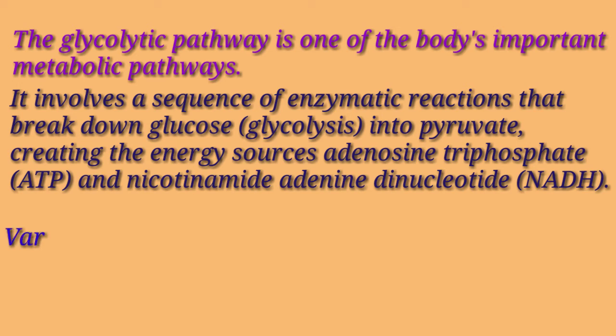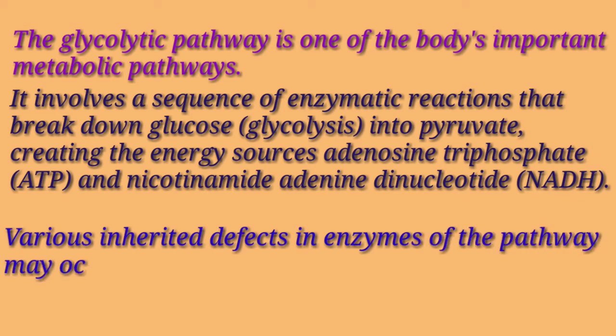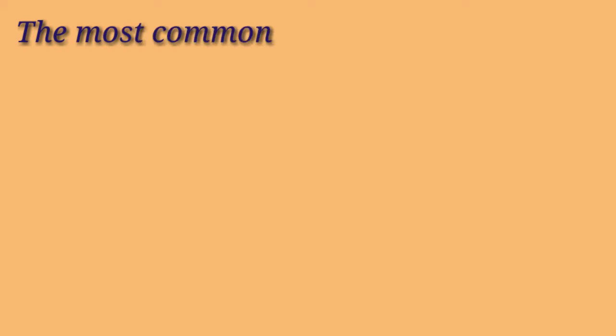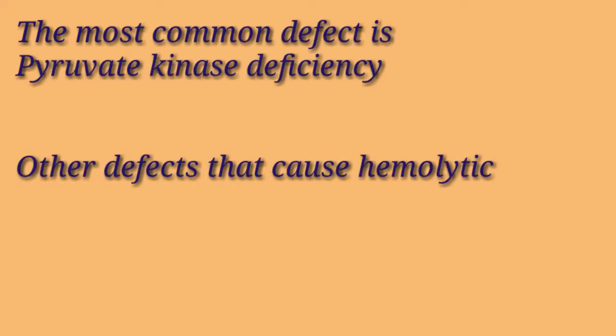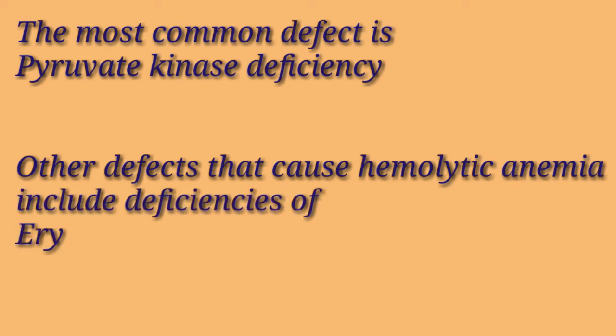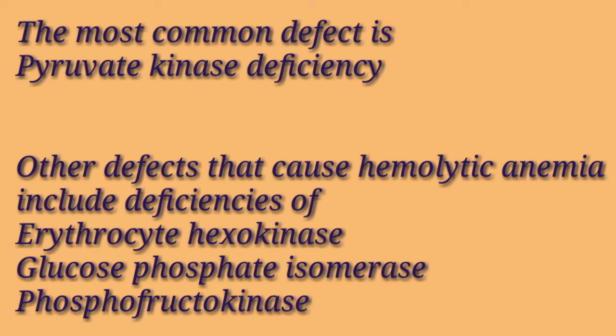Along with that, various inherited defects in enzymes of the pathway may also occur. The most common defect is pyruvate kinase deficiency. Other defects that cause hemolytic anemia include deficiency of erythrocyte hexokinase, glucose phosphate isomerase, and phosphofructokinase.